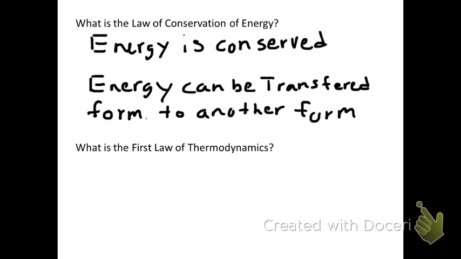So essentially, even though energy is conserved, we can transfer energy from one form to another, such as moving from mechanical energy to, say, chemical energy, or chemical energy into mechanical energy. So it just transfers back and forth.